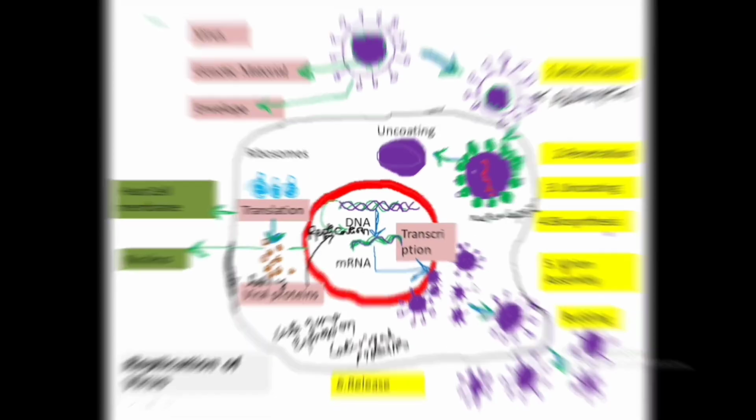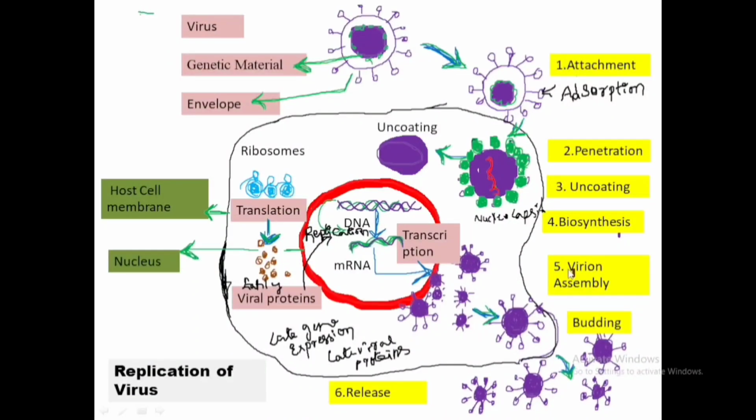So next is step number 5, which is virion assembly. What is virion assembly? Another name is encapsidation. Encapsidation means newly replicated viral genomes and structural proteins come together and form new functional virus particles. The formation of new functional virus particles, or virions, is called virion assembly.